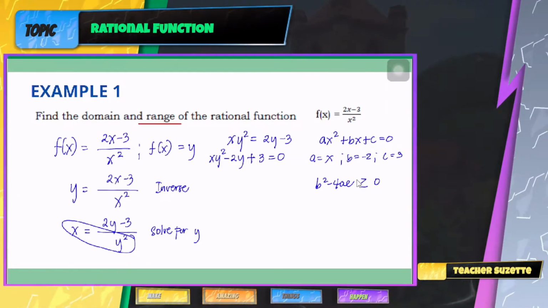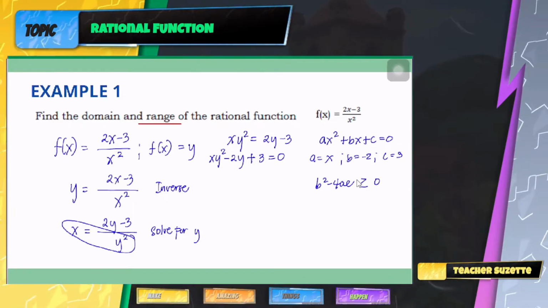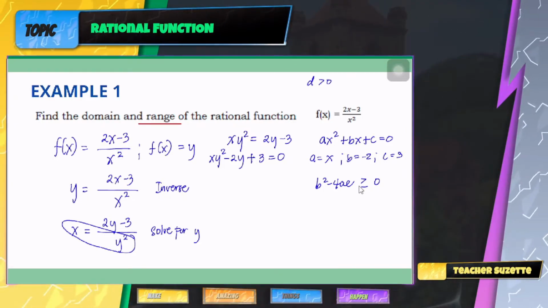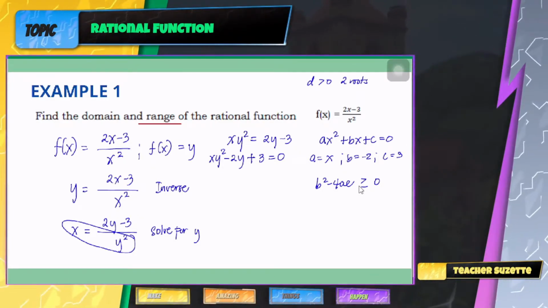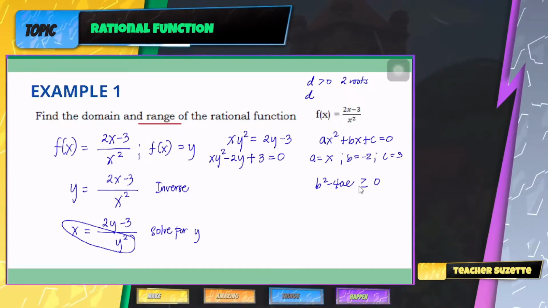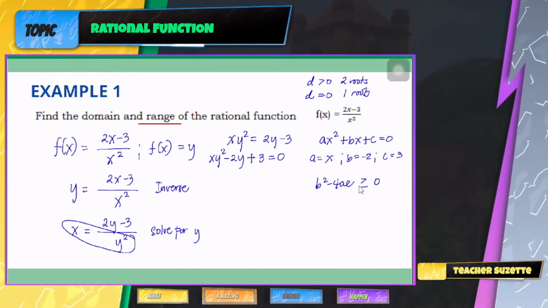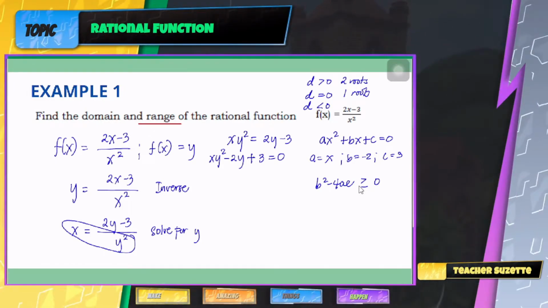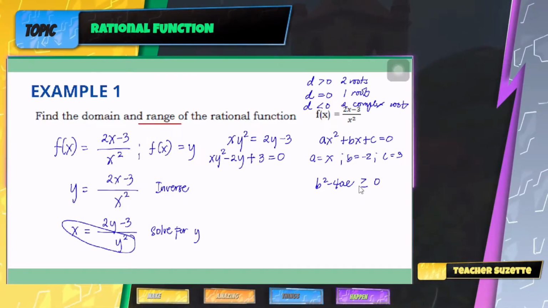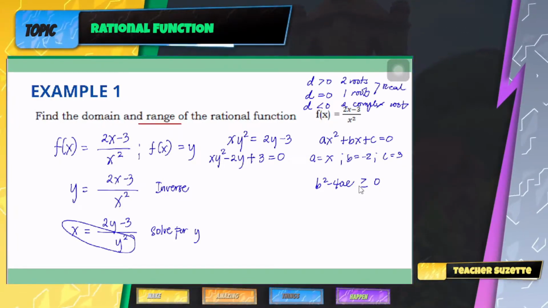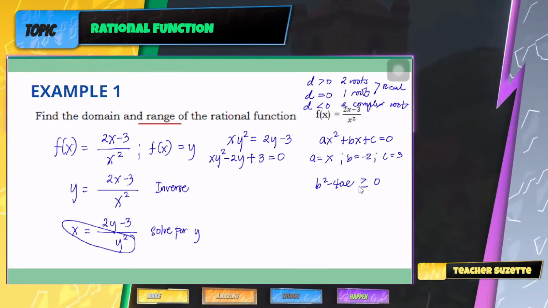If you can still recall, when the discriminant is greater than 0, you have 2 real roots. When the discriminant is equal to 0, you have 1 real root. And when the discriminant is less than 0, you have 2 complex roots, the ones with imaginary numbers. This is actually the restriction of our quadratic equation, since it is not allowed to have complex roots.